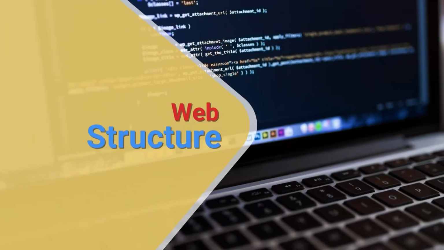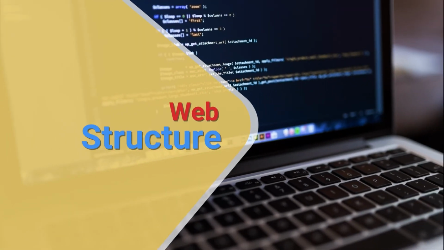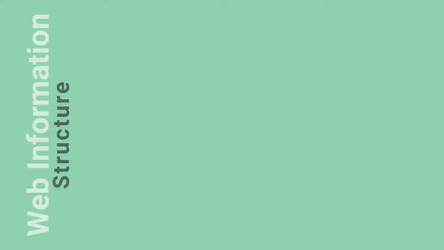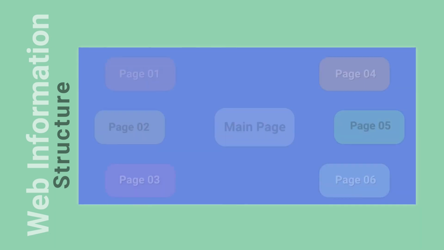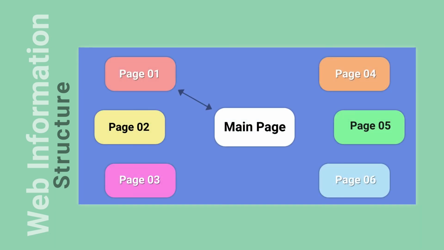We will see now another web structure. This is one of the web information structures. Many smaller websites follow the content structure illustrated in the figure, which offers links to and from every page in the site. This allows the user to jump freely to any page from any other page.